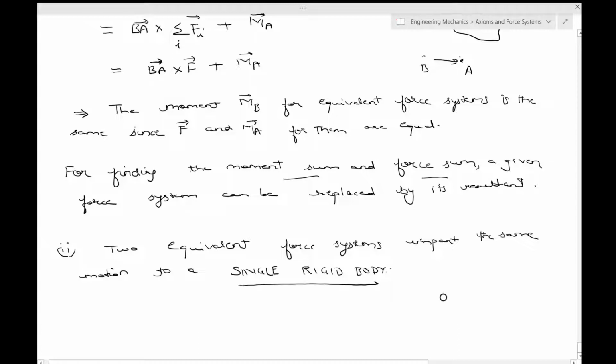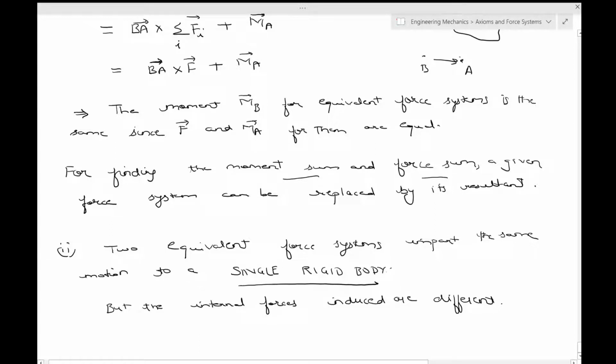However, internal forces are different. Euler's axiom only concerns itself with the external forces and it predicts the motion of a rigid body, but internal forces can be different for the same motion of this rigid body.